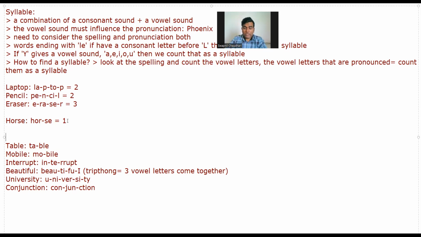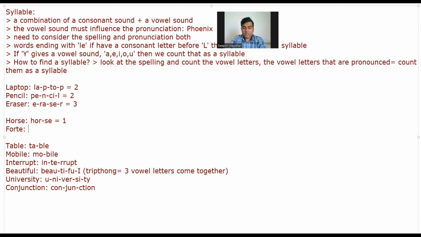Let's compare horse with another word with the same letters and same spelling structure. Forte. Yes, people. What do you think about this? Forte. Now let's count the vowel letters. We have vowel letter 1 and 2, right? 2 vowel letters. What about the pronunciation? Do we have any silent vowel letter? Think of it.